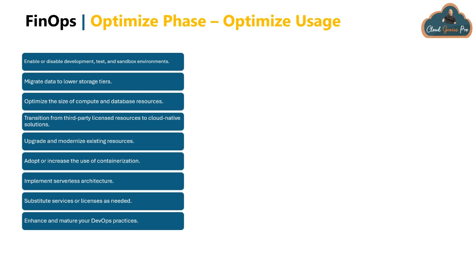The third best practice is to optimize the size of compute or database services. Cloud allows you to provision compute or database resources with a smaller capacity and then increase the size, right? Then why should we provision compute and database resources with higher capacity from the beginning, unlike traditional data centers?